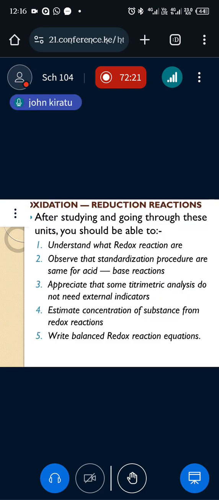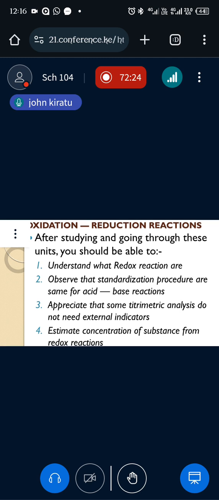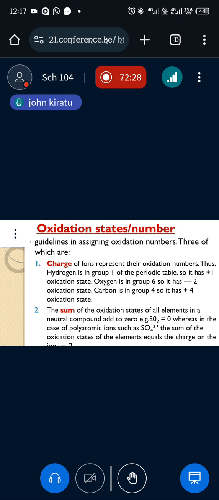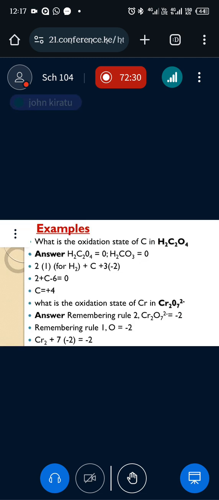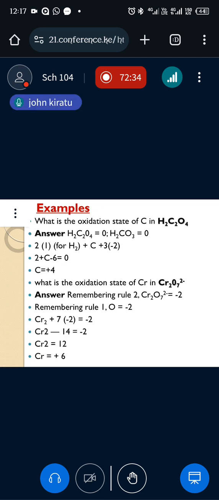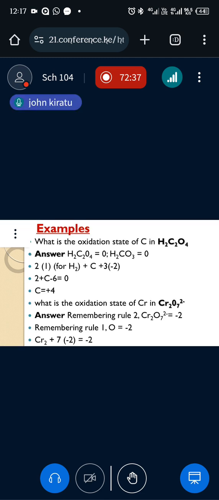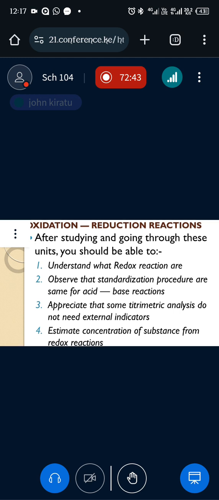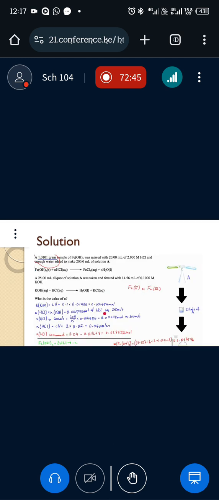Next week we'll start doing oxidation reduction reactions. When you'll be reading the notes, the relevancy of those notes will end up here.